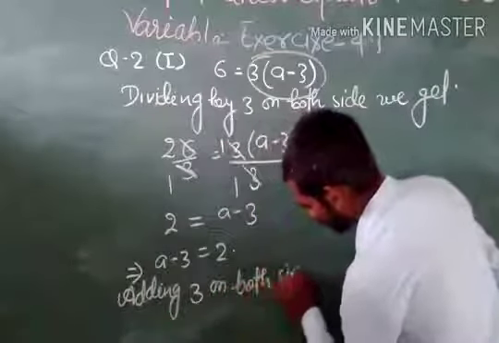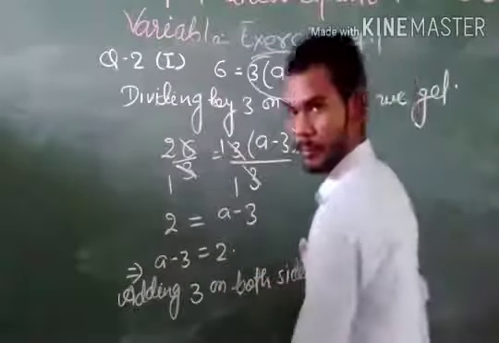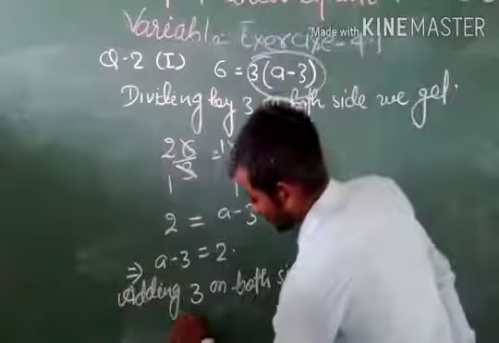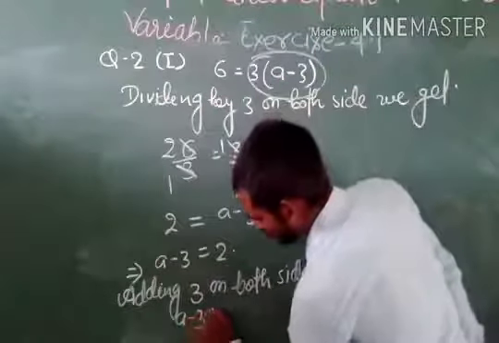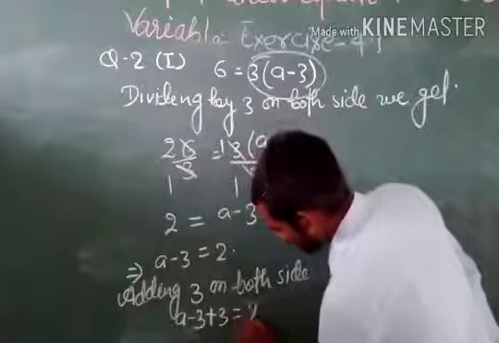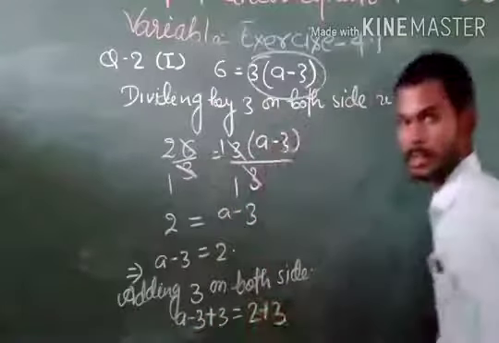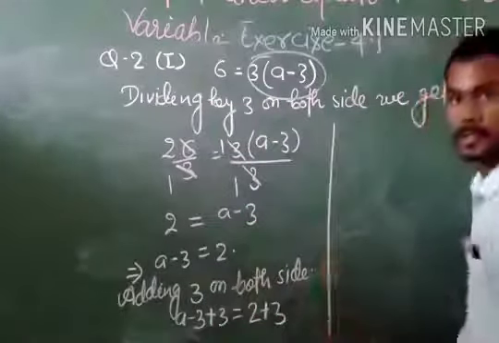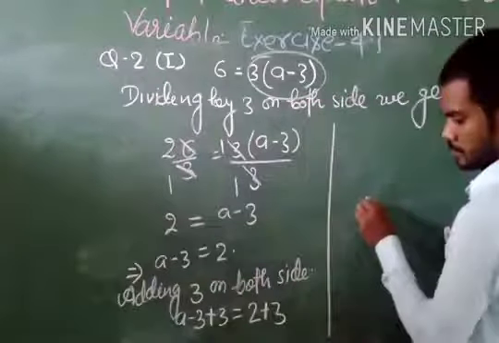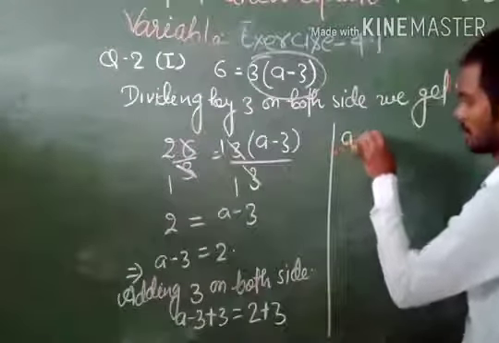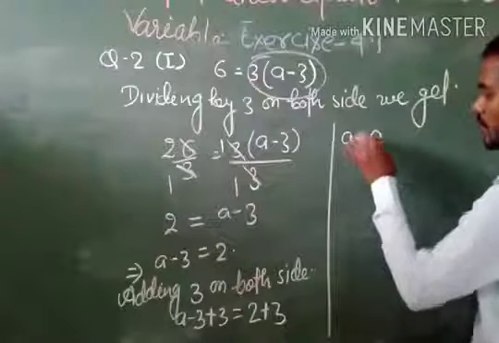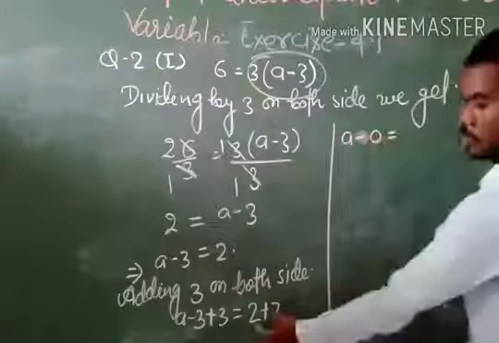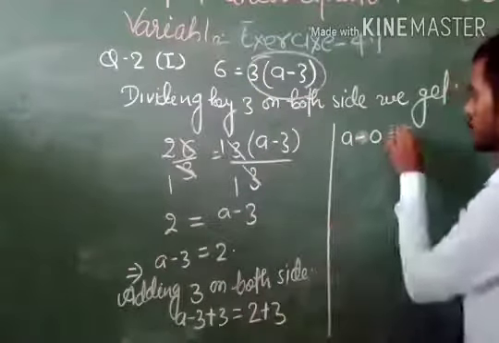On both sides, we get a minus 3 plus 3 is equal to 2 plus 3. We get a plus 0 is equal to 2 plus 3, that is 5.